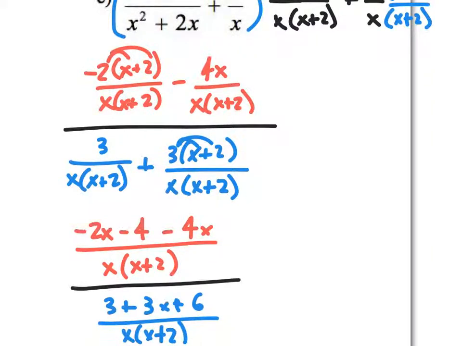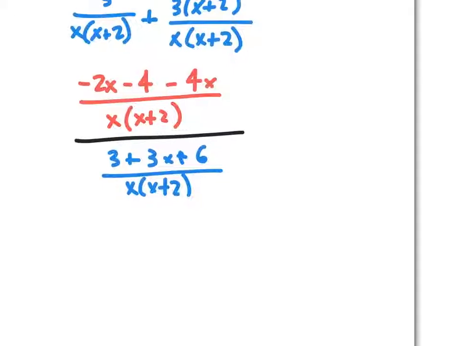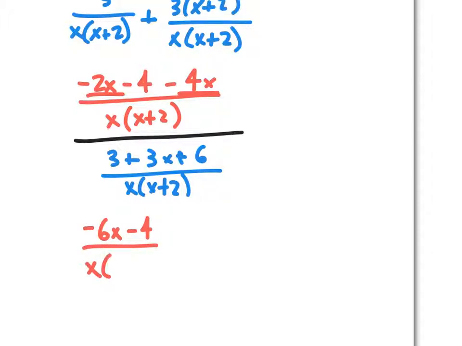All right, so now that I'm at this point, okay, what I want to do is, let me combine my like terms. So I've got negative 2x minus 4x, that's going to be negative 6x, so negative 6x minus 4 over x times x plus 2. And I'm going to then divide that by, let me combine these, 3 and 6 is 9, so I've got 3x plus 9 over x times x plus 2.